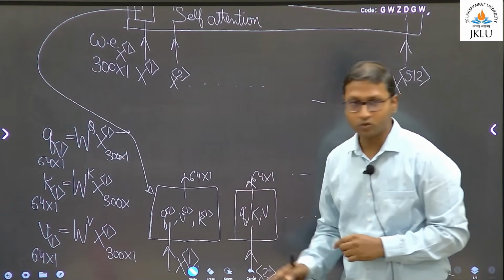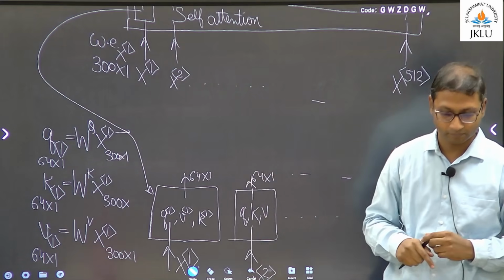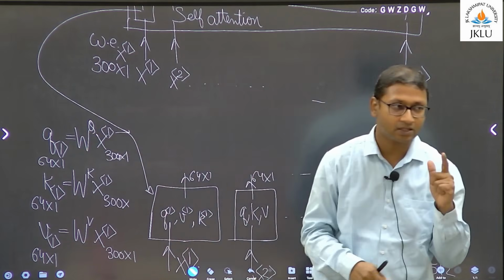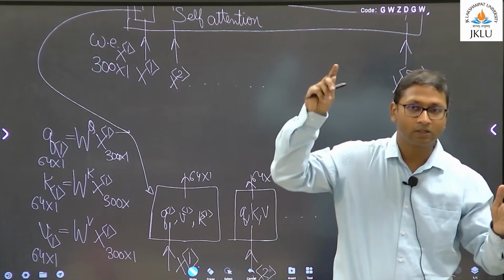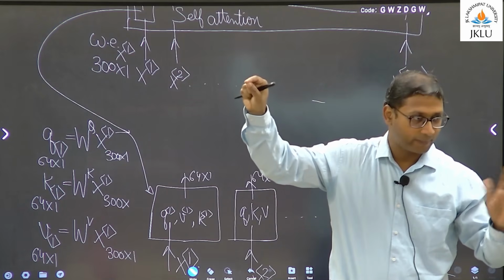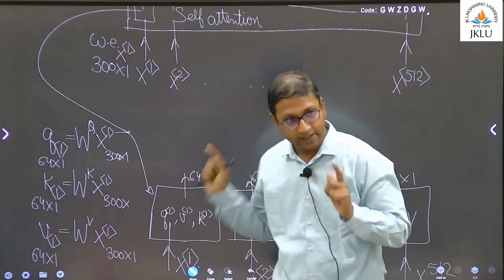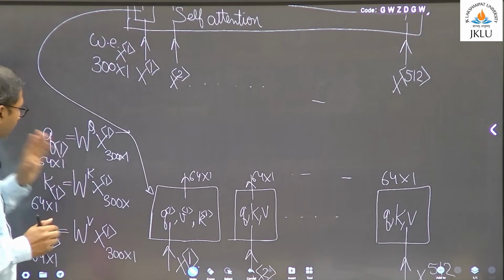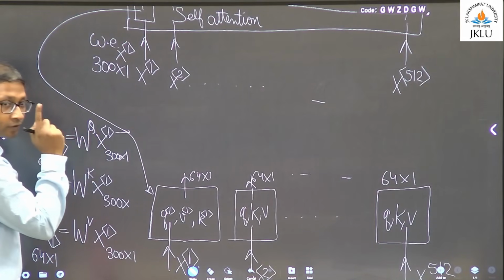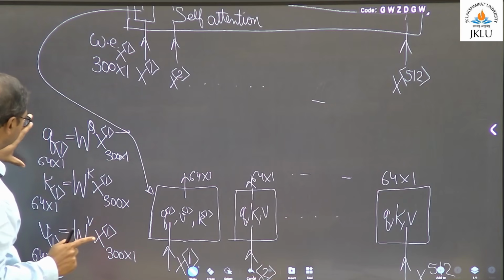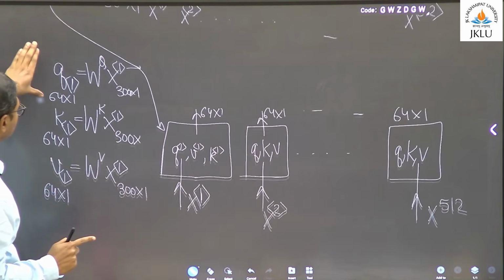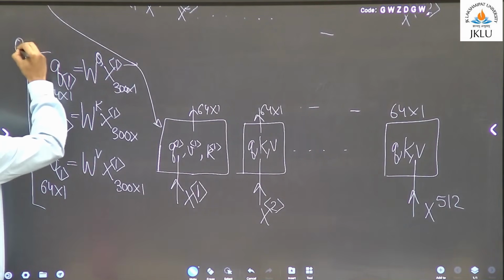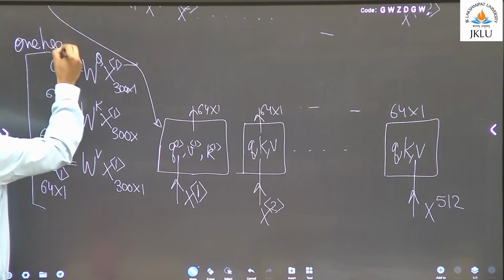So this is 64 cross 1. How do I make it 8? One option was you make WQ of size 512 cross the dimension of your word embeddings. Okay. What they have done is, so let us call this for one head. So this you are doing for one head.